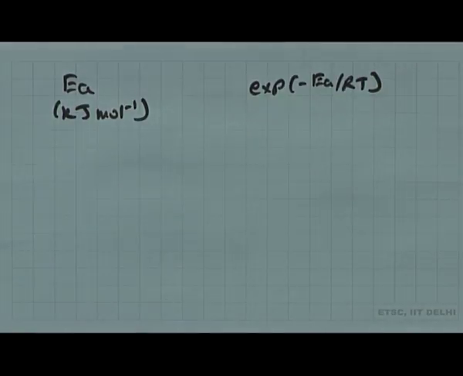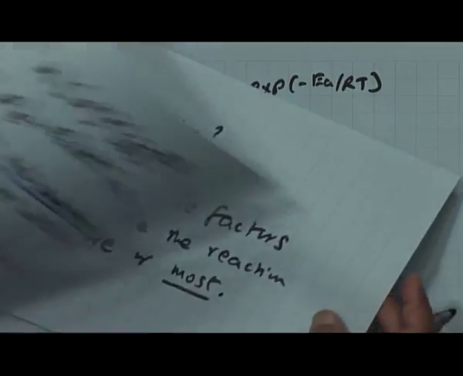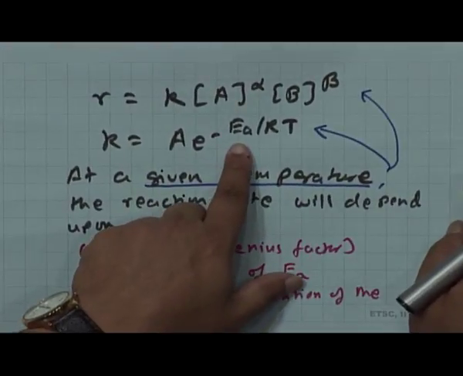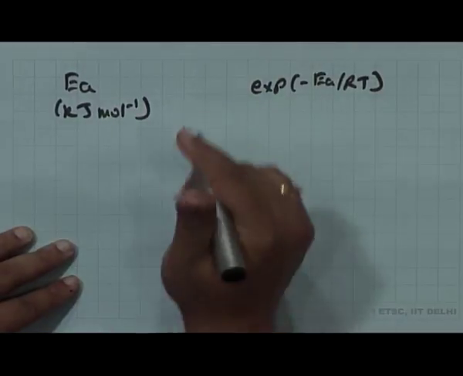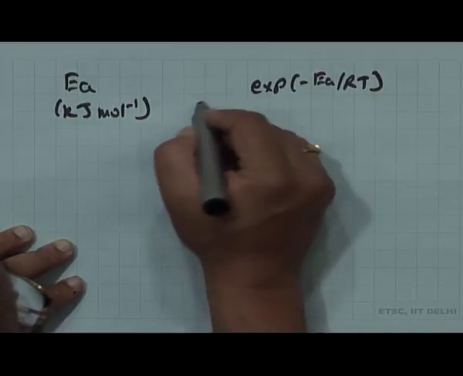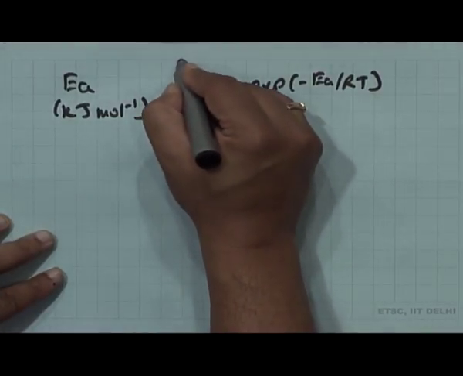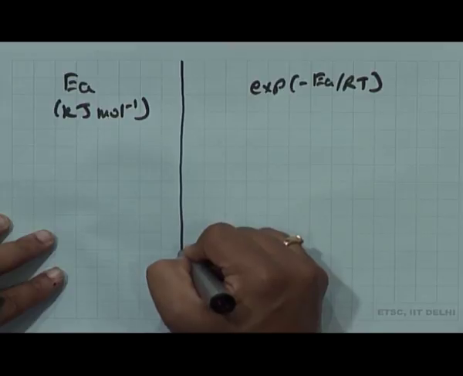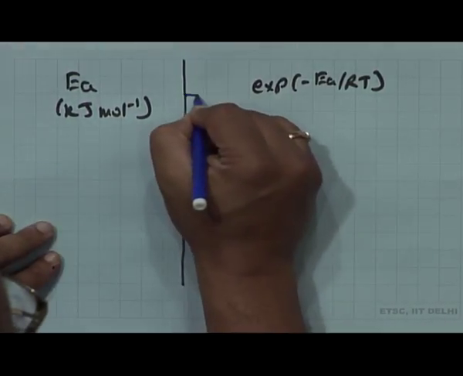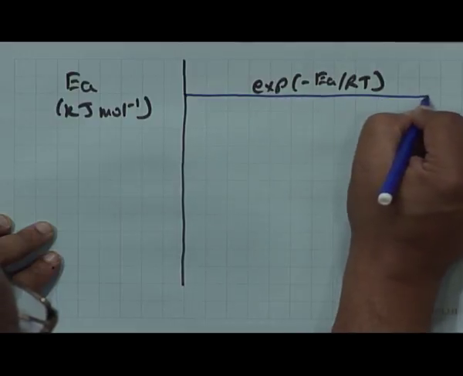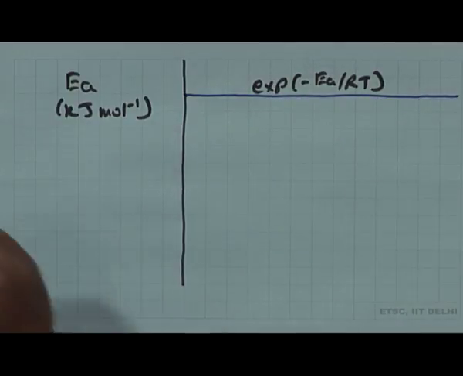Remember, this is the factor which was written out here, e to the minus EA by RT. So, I am writing exponential minus EA by RT, and I am calculating it. Say if I draw a line out here, and another line out here, I am calculating for 2 different temperatures.